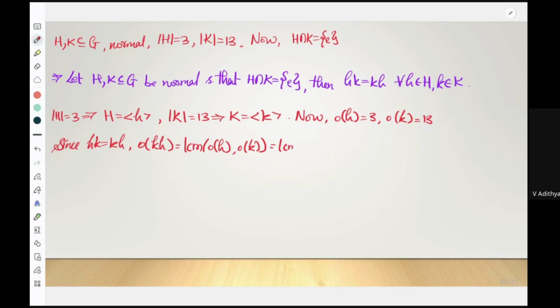This is basically LCM of 3 and 13, which is 39. This implies hk belongs to G and order of hk equals 39, which is basically order of G. So basically G is cyclic.